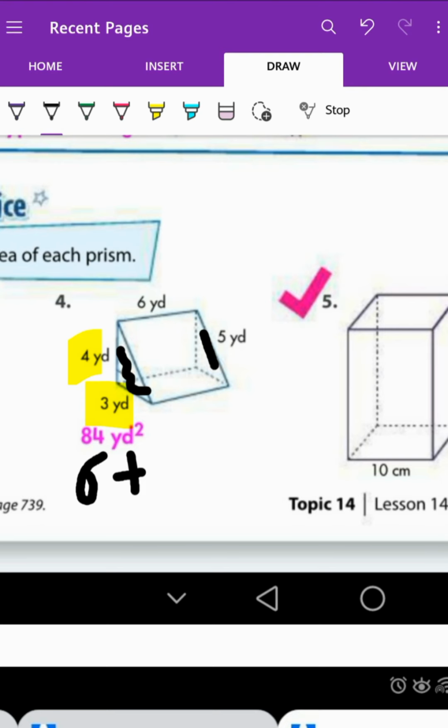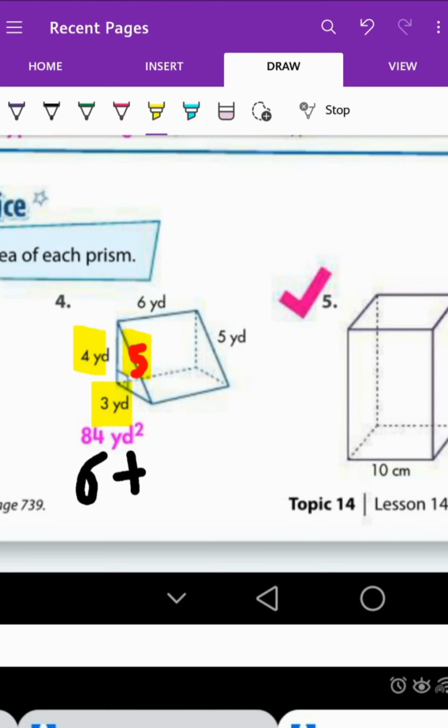Now how many rectangles do we have? We have 3 rectangles. See how I can find the area for the 3 rectangles. I find the missing side, which is this. I get it from where? Good, from here. So it is 5. So I have the 3 sides of the triangle: 3 and 5 and 4. And I start.